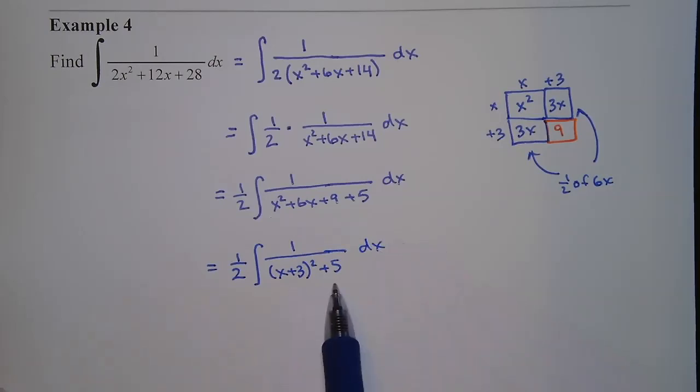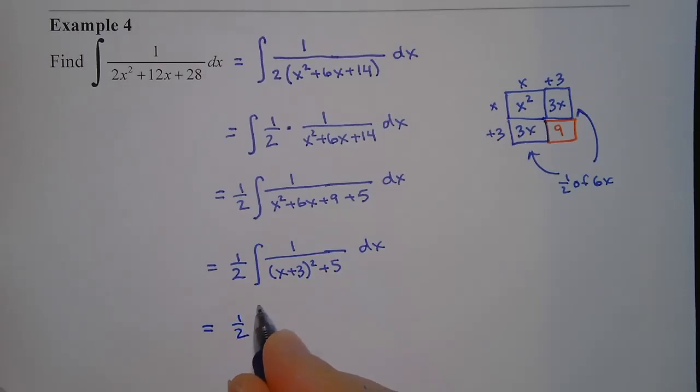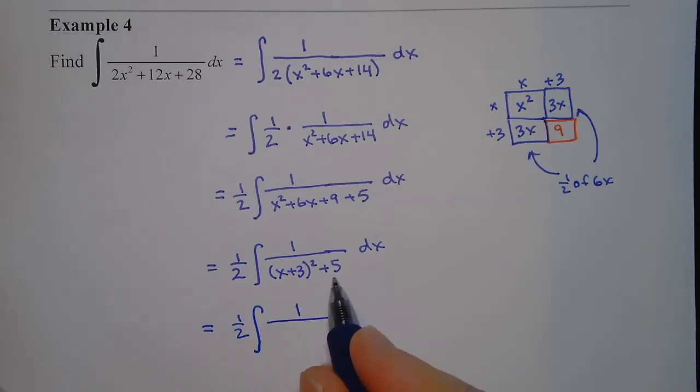Now the order is not right, and also we need to rewrite this as a square. So this can be rewritten as 1/2 times the integral of 1 over, so what could I square to get the 5? I could square the square root of 5.